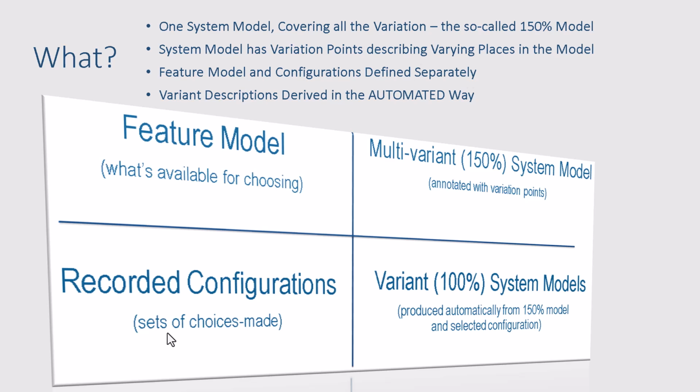Like premium, basic models. Based on those features and configurations, we apply them to this 150% model, and by automatic transformation we get a 100% model, which can be analyzed, tested, documented, published, and so on.